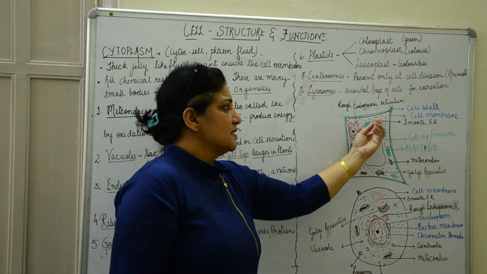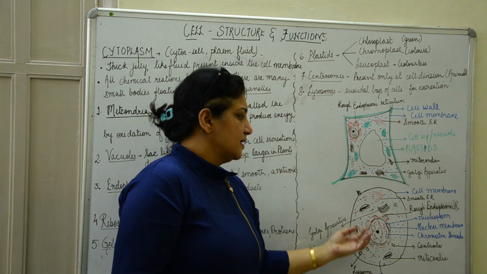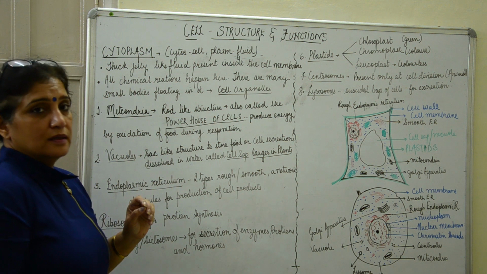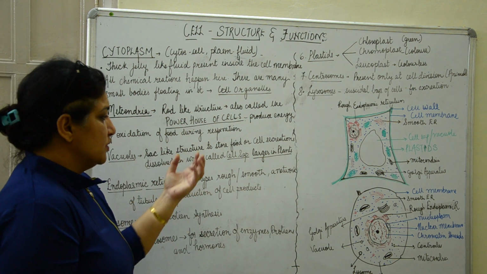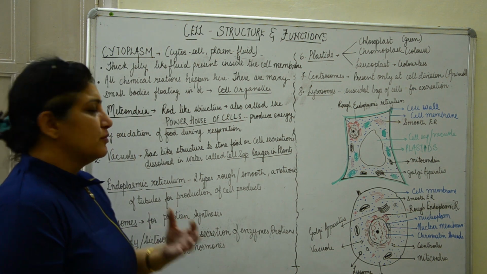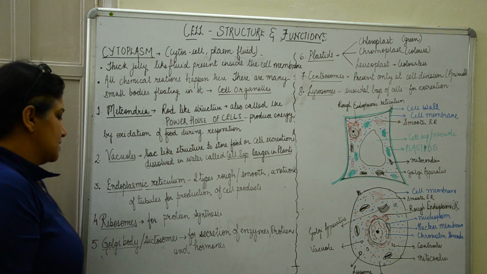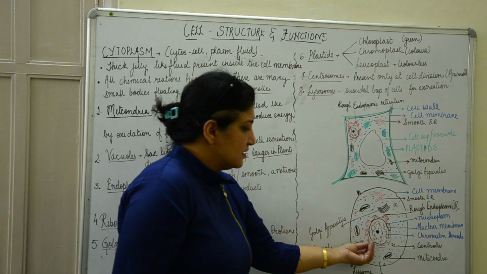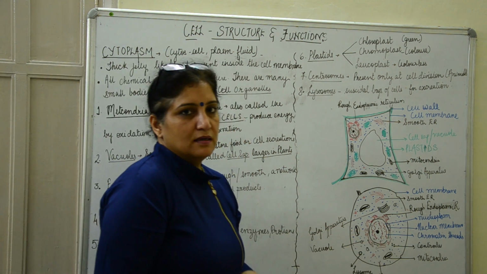Sometimes they are just smooth ones scattered here, and generally you find them around the nucleus. Okay, so this is present around the nuclear membrane, attached to the nuclear membrane, and they are basically for the production of the cell products.